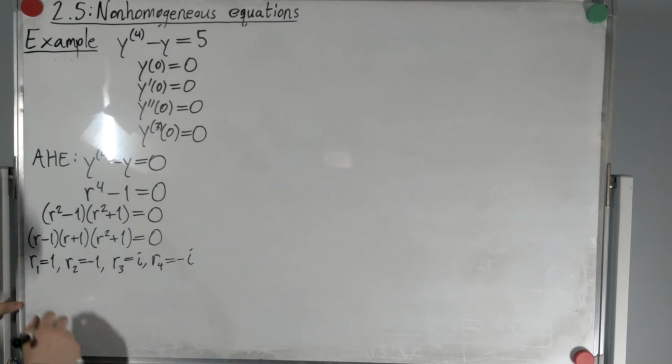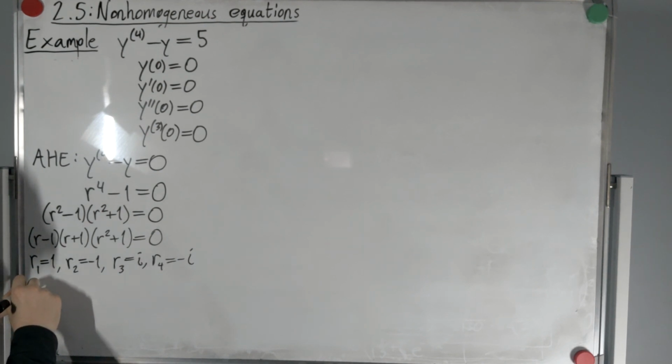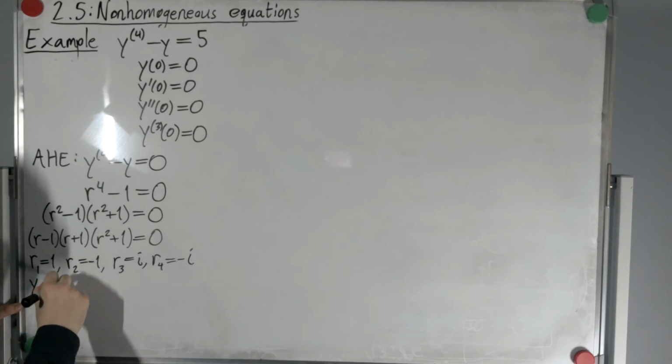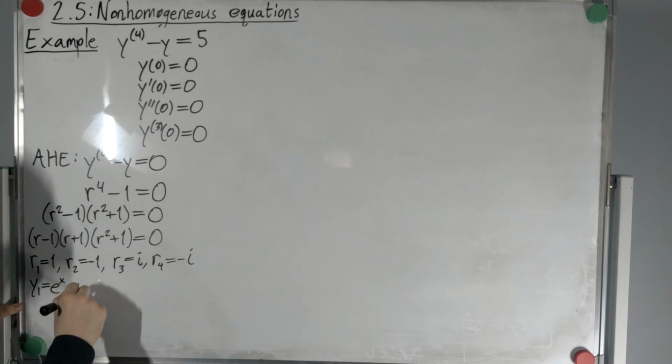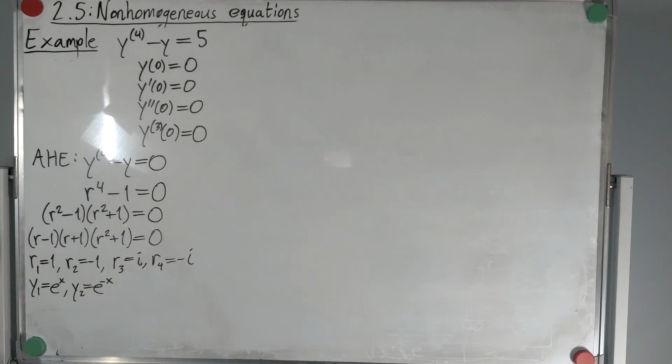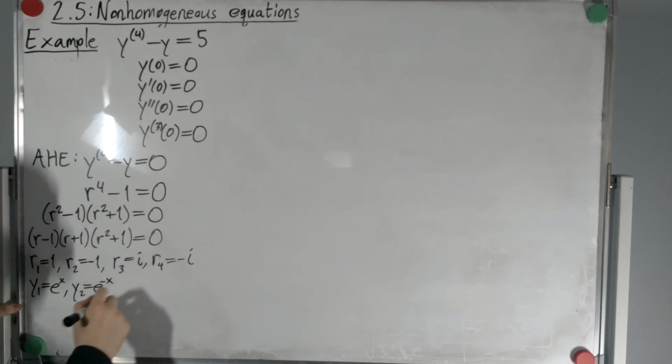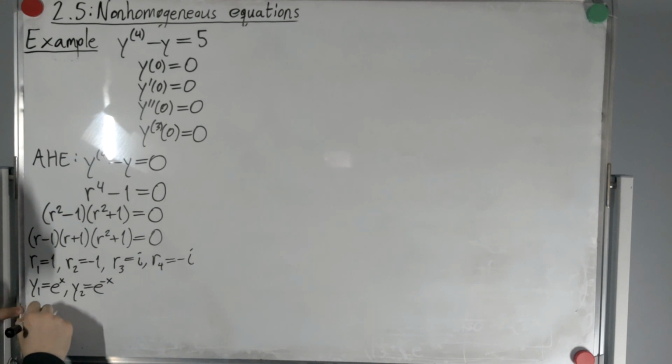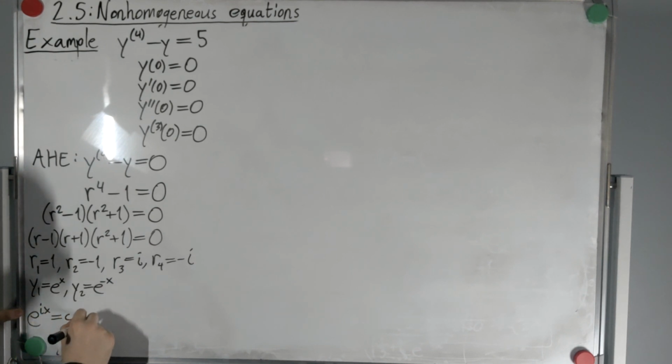So, first of all, we get the solution y1 equals e to the x, and then y2 equals e to the negative x. And then as for i, well, if you look at e to the ix, that is cosine of x plus i times the sine of x.